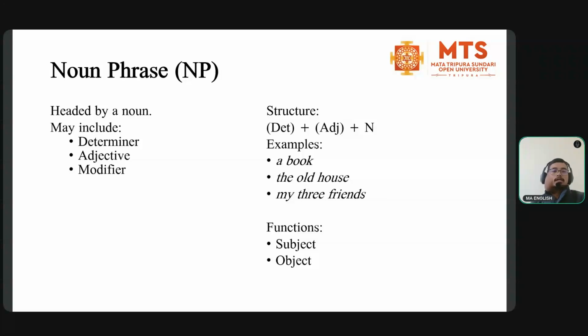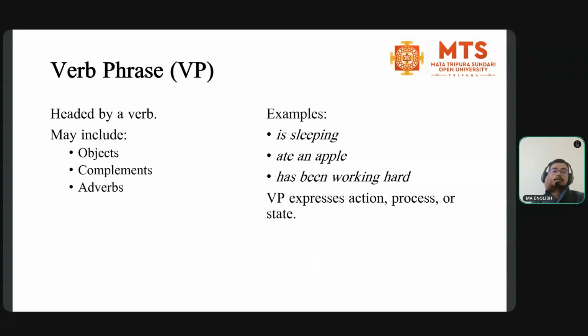Okay. So next we have the verb phrase, or VP. A verb phrase is a phrase that is headed by a verb. Just like a noun phrase is headed by a noun, right? Here also, a verb phrase is headed by a verb. The verb is the most important part of this phrase, right? A verb phrase tells us what action is happening, what process is going on, or what state something is in.